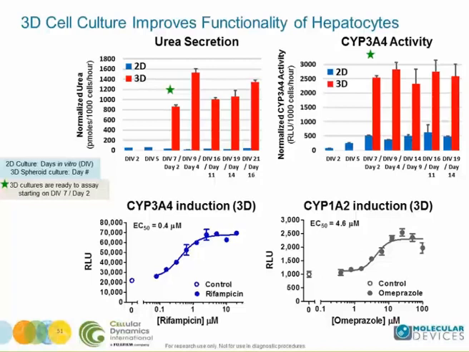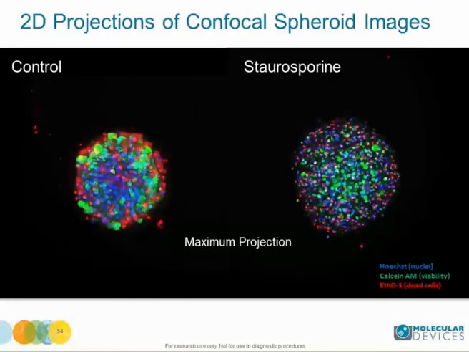Images were acquired using 10x or 20x objectives, so 10 to 13 images were obtained 5 to 10 microns apart. In addition to individual images, maximum projection was also saved.